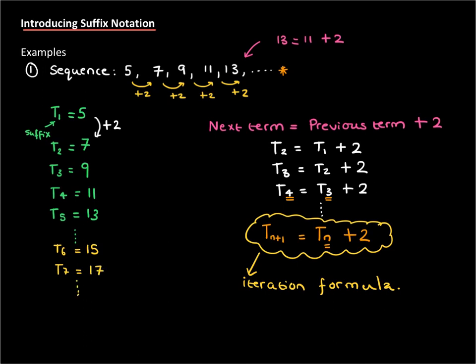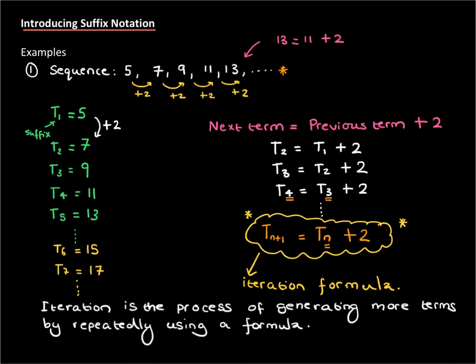As I generate more terms, I'm using the iteration formula to iterate and create more terms. So iteration just means this process of applying a formula in a repeated fashion, which generates more and more terms.